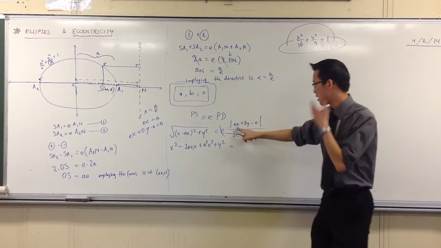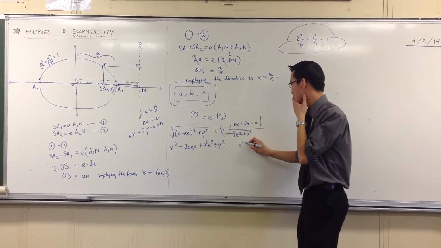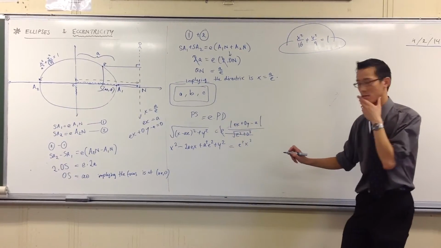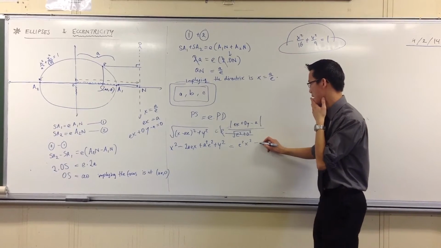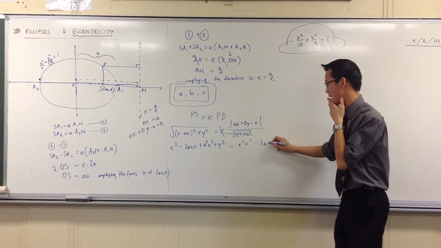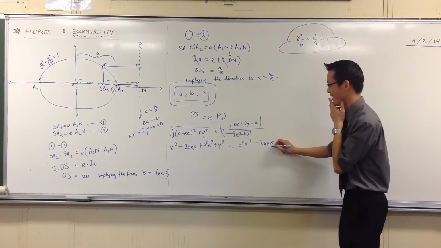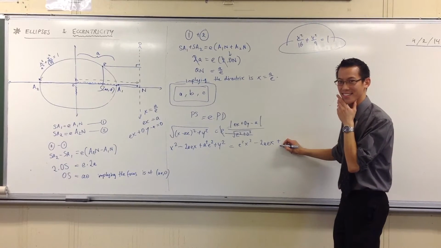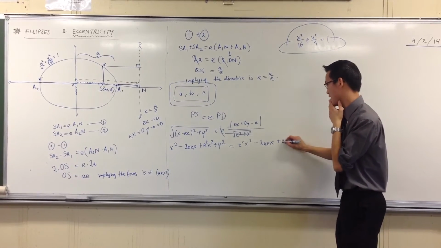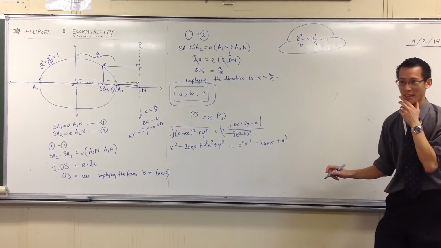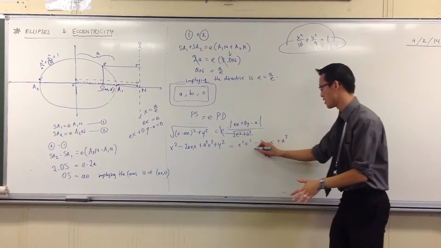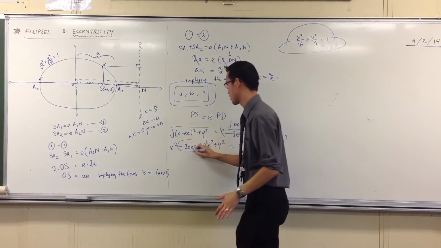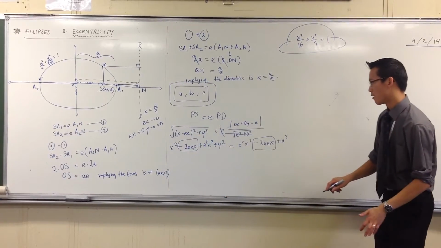Okay, so I'm going to end up with, let's see, e squared x squared minus 2aex, ooh, plus a squared. Good. Okay. These are always signals for you that you're probably doing something right. Okay?